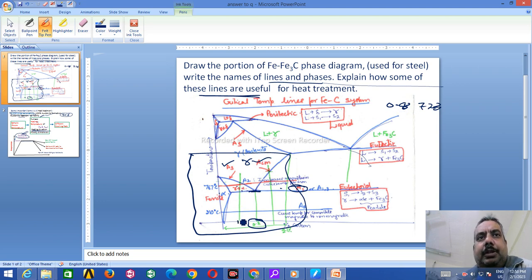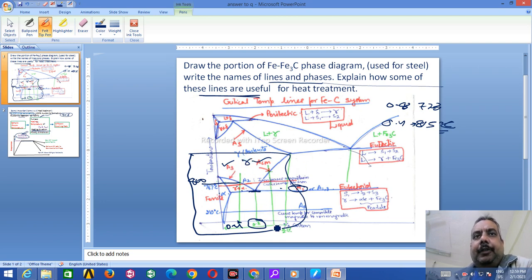But what about a composition of 0.4% carbon, which is less than this? Then you draw a parallel temperature line, and it cuts the A3 line here, at a temperature of about 800 degrees centigrade. So this is decided by the A3 line. For 0.4% carbon, you have to heat at about 815 or 820 degrees centigrade.